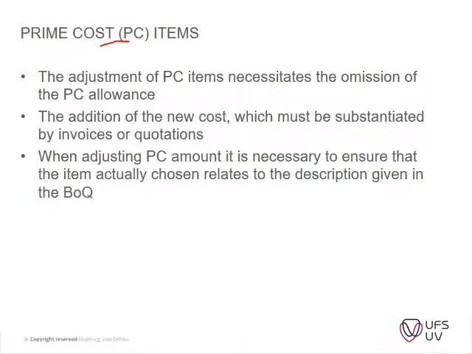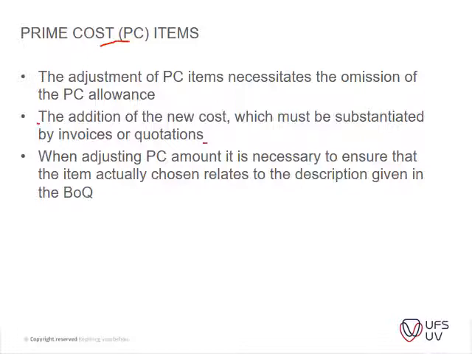So basically it is usually what we do, and I've spoken about this already, prime cost items is, for instance, where you have the supply of attic stock for tiling, for additional tiling to be installed on site. So you will have your prime cost item, and then you will have a markup underneath that item as a percentage on top of that item. So just going through the notes before I explain it further, is the addition of new costs which must be substantiated by invoices and quotations.